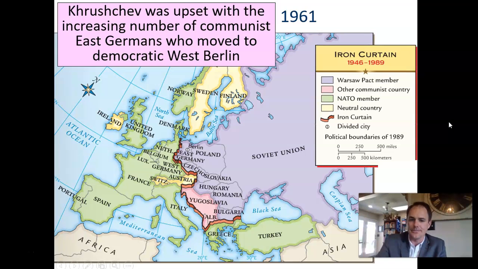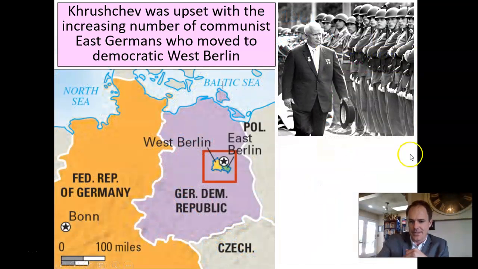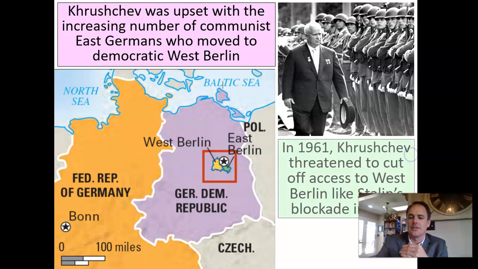So in 1961, in Berlin, remember Berlin is a divided city in the eastern part of Germany, in what was known as East Germany, right? Khrushchev is upset with the increasing number of communist East Germans who moved to democratic West Berlin. And to stop this, he encourages the government in East Berlin to build a wall, right?